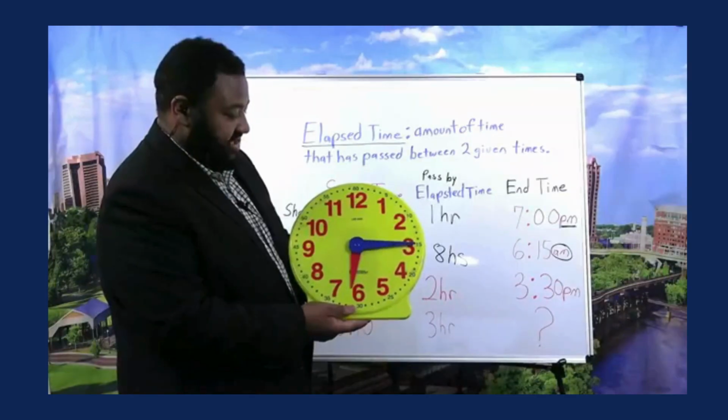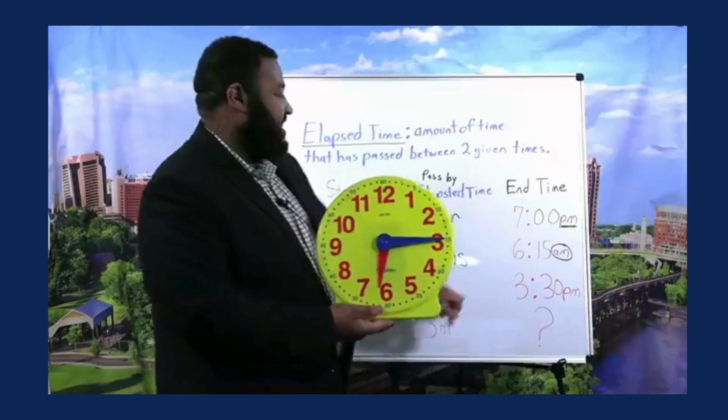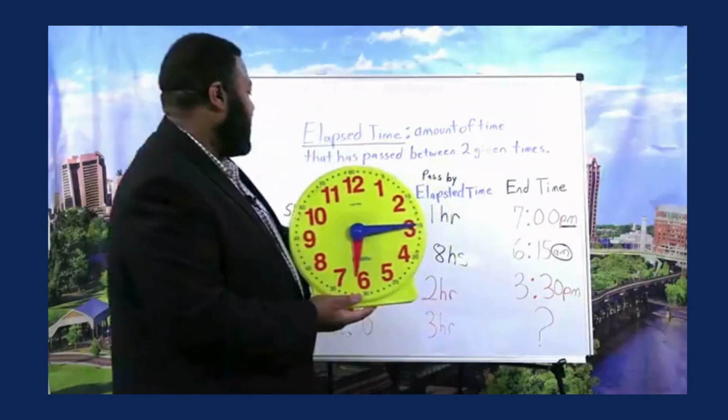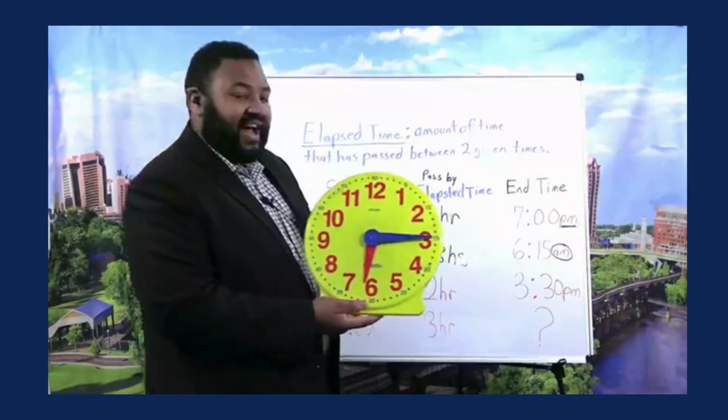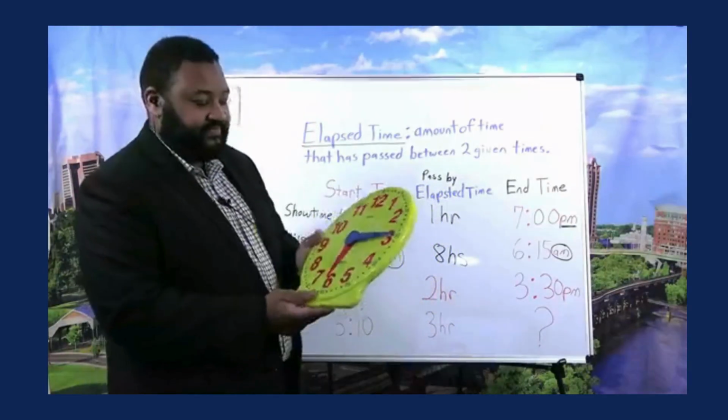Because right now, what time is it? 6:15. That is our end time. Once again, we have a start time and we have an end time. So at 6:15, I stopped at the number 8.